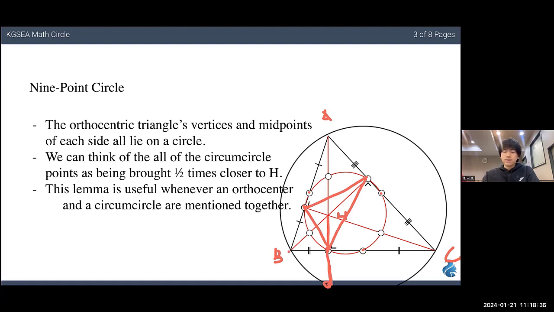The reason for this is that if we call this H prime, then the angle from BH to C will be the same as BAH.